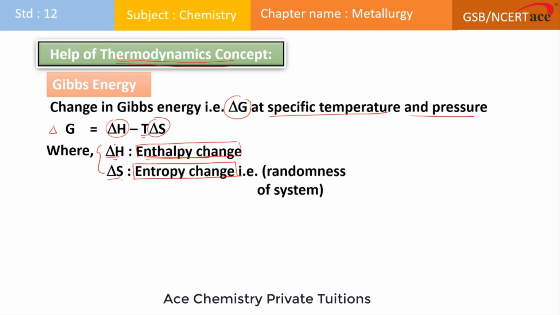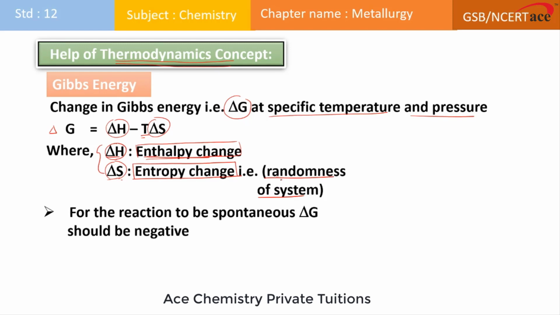These two terms we will learn in detail in the chapter called thermodynamics. For the time being, we are discussing only the basic explanation. So delta H is the enthalpy change of the system. Delta S is the entropy change of the system, which is also related to the randomness of the system.